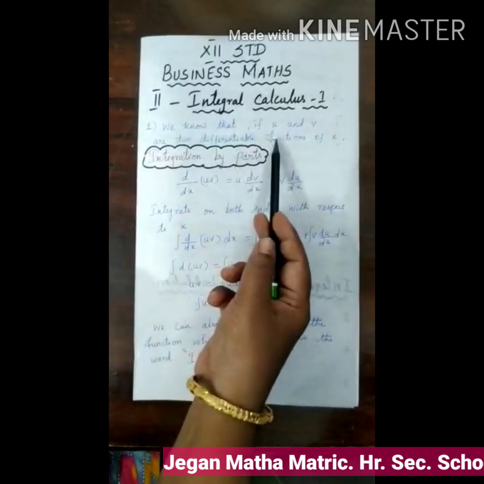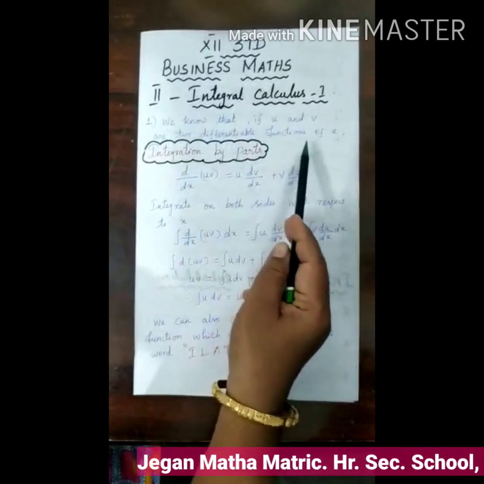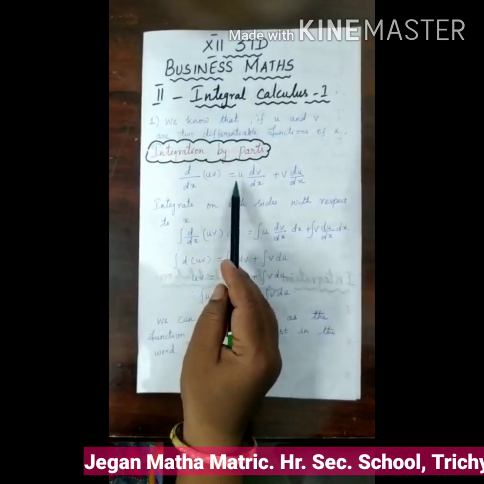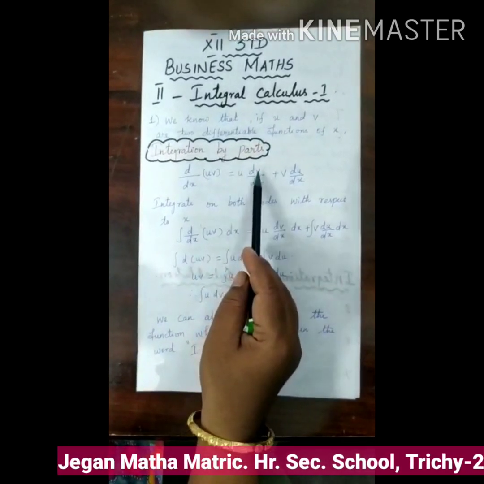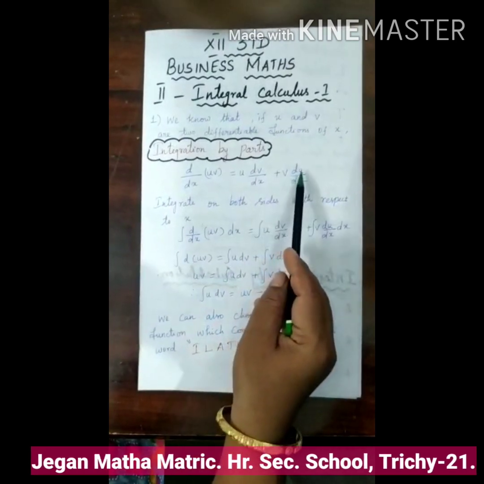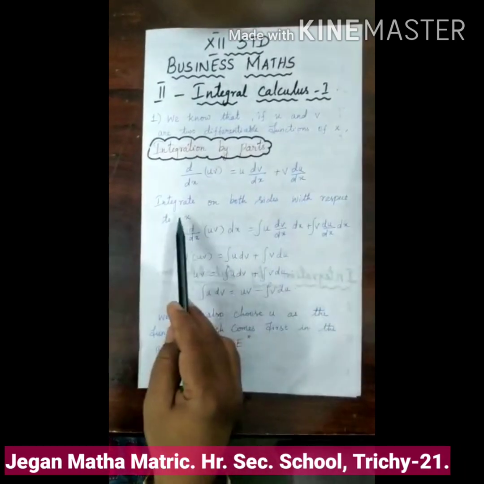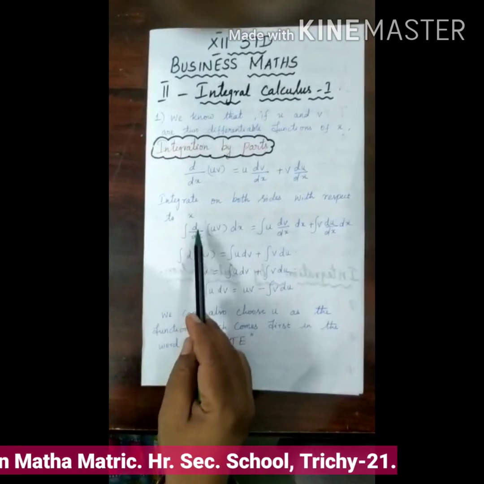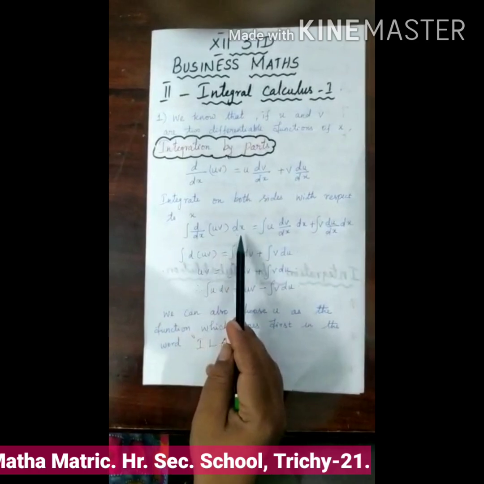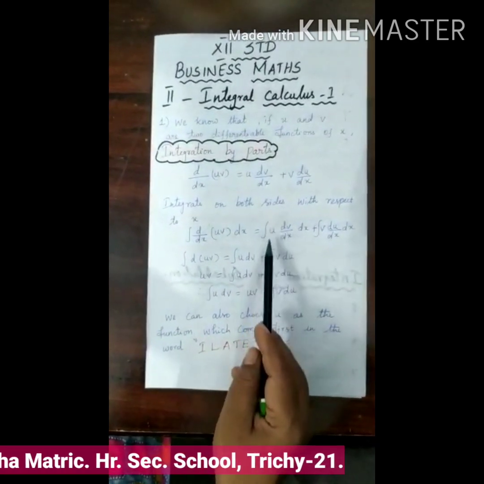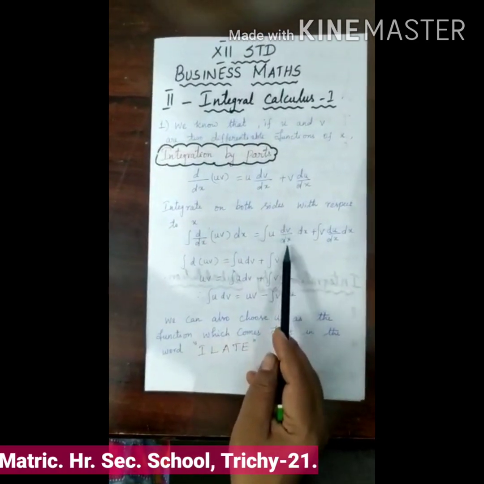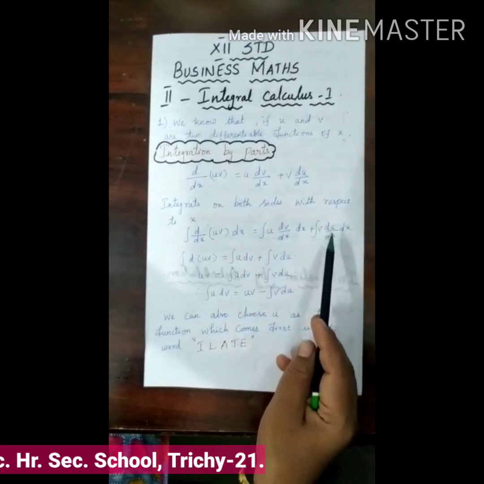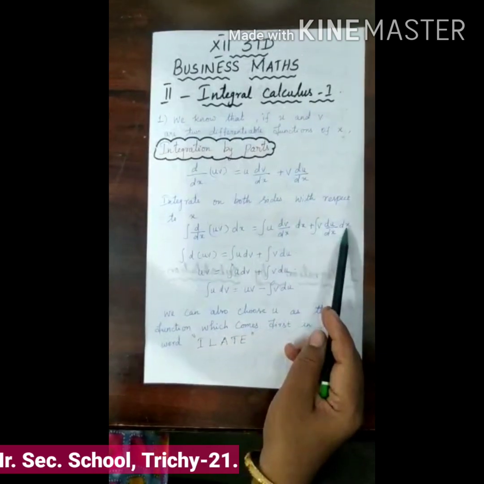We know that if u and v are two differentiable functions of x, d by dx of uv is equal to u into dv by dx plus v into du by dx. Integrate on both sides with respect to x. Integral of d by dx of uv into dx is equal to integral of u into dv by dx into dx plus integral of v into du by dx into dx.